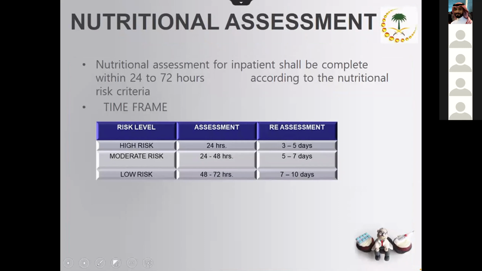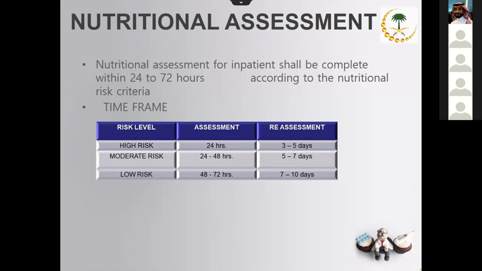After that, there will be an assessment by the dietitian of the patient's needs within 24 to 72 hours. According to the risk, she will assess and reassess the patient.